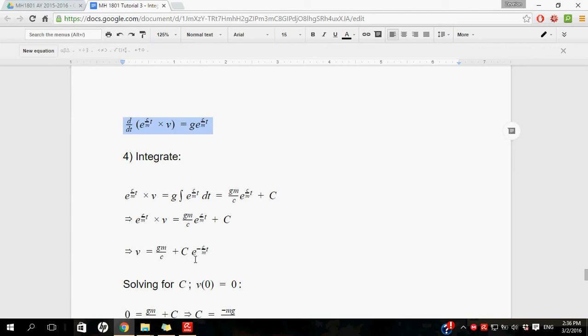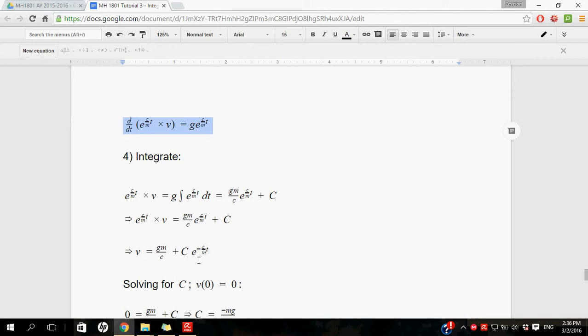At this stage, we use the information from the question to solve for the value of the constant. At time t equals 0, the velocity is 0. So we'll substitute these pieces of information into our equation.